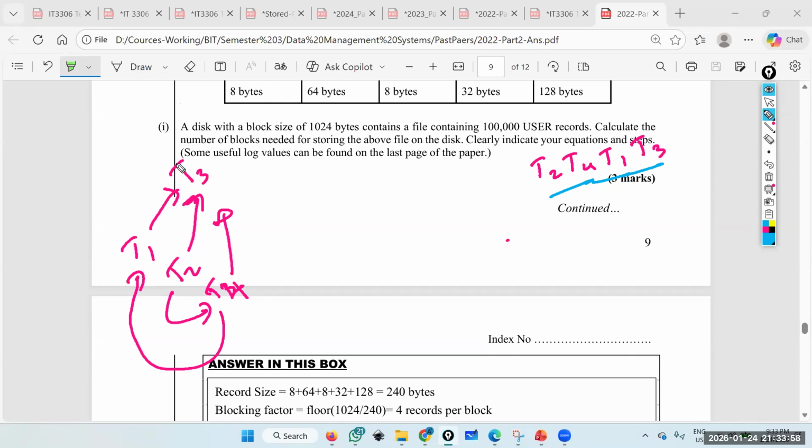For example, T3 is not a starting point because there are in arrows. T1 is not a starting point, there's an in arrow. But T2, there are no in arrows. So therefore, T2 is a possible starting point. T4 is not a starting point because there's an in arrow. So therefore, your only starting point is T2 because there are no in arrows. So therefore, you start there.